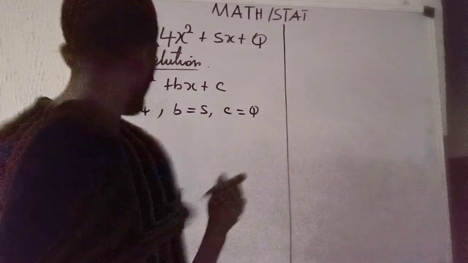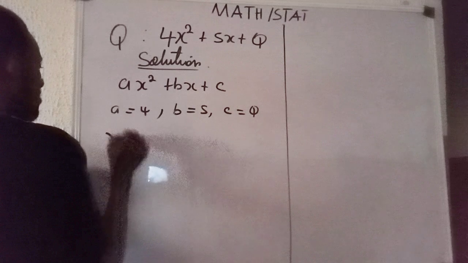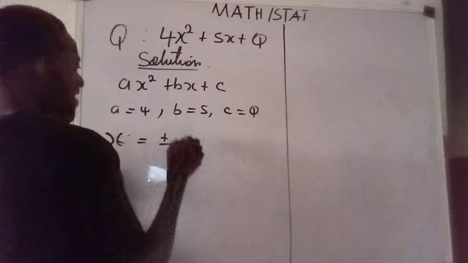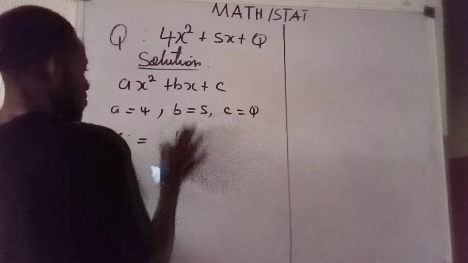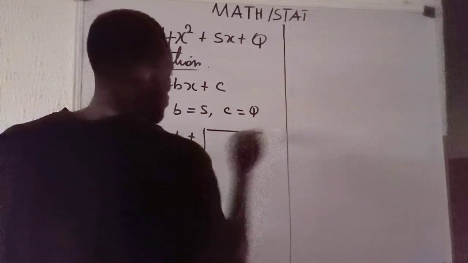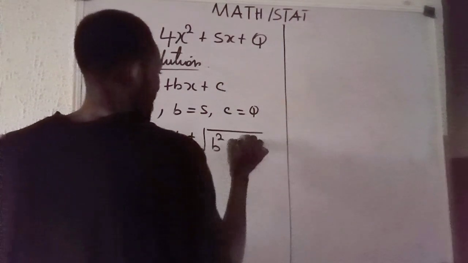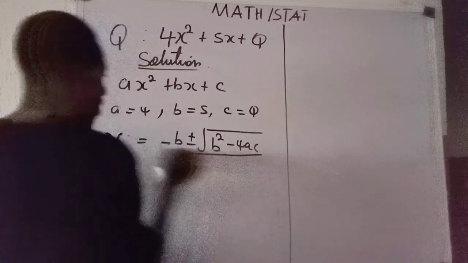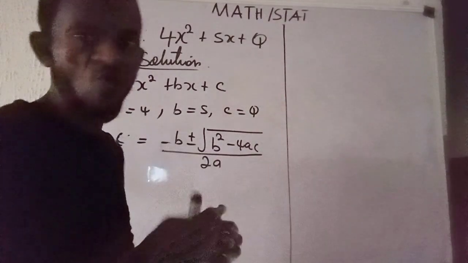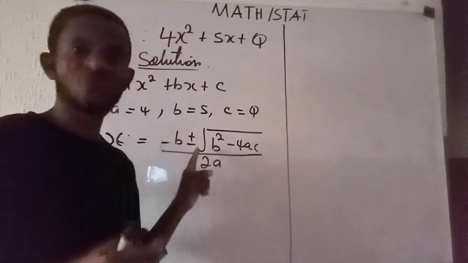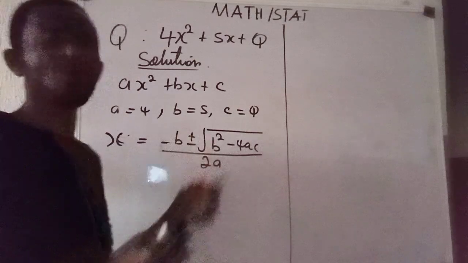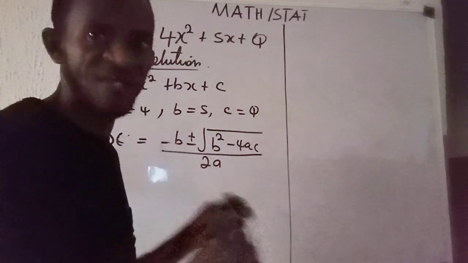The general quadratic formula is given as x equals minus b plus or minus the square root of b raised to power 2 minus 4ac, all over 2a. This is what we call the general quadratic formula. Now, at times, if you go to some textbooks, this formula will be written this way with some kind of definition.